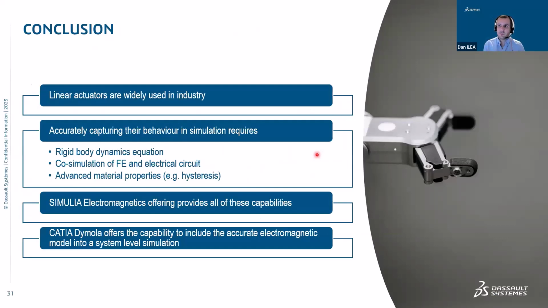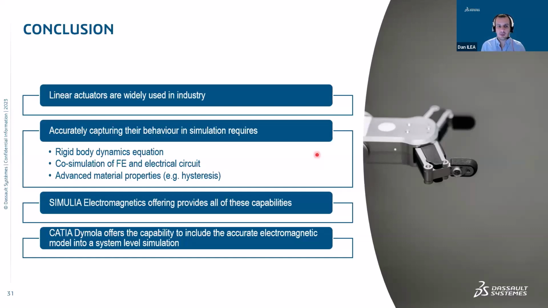So very quickly, as a summary, actuators are everywhere in the industry. Being able to simulate them requires being able to include and capture quite advanced material models and circuit simulation coupling. Plus, we need to have this motion component, which is crucial for having a dynamic characteristic of the actuators.